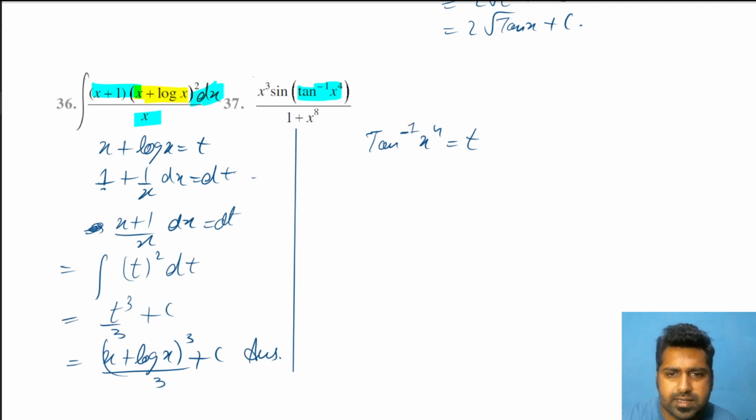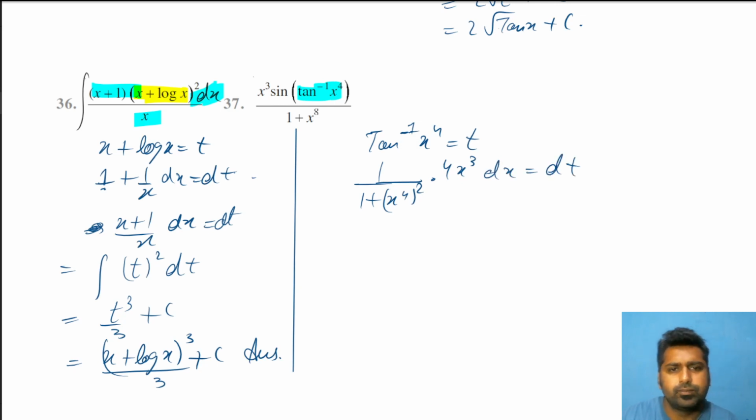But the problem is that inside tan inverse, x raised to power 4 is there, so use chain rule. So first tan inverse differentiation, 1 upon 1 plus x raised to power 4 whole square. Then differentiation of x raised to power 4 is 4x cube, and dx gives dt. 4 is not here, so fine, we'll provide 4.